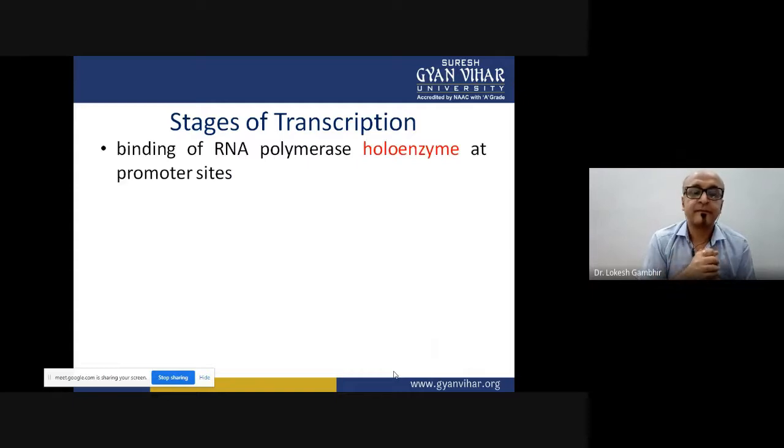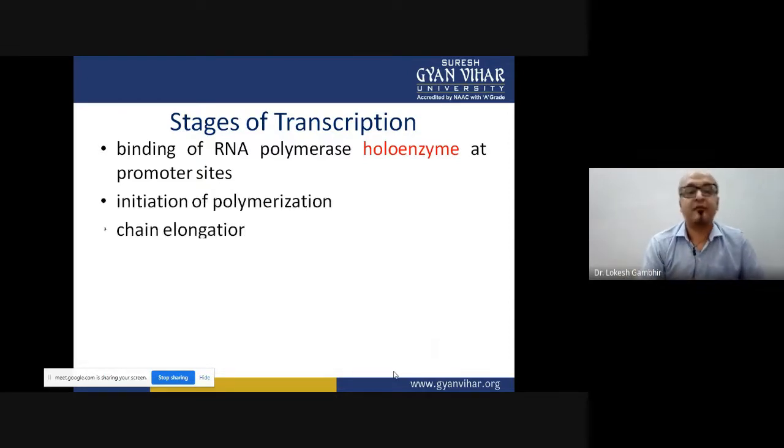We should understand how that RNA polymerase complex binds to the promoter site, how it reaches the promoter site, whether it comes directly from the cytoplasm and attaches to the promoter site, or there is a kind of scanning mechanism to find this promoter site, and then what happens next. So based on that, I have divided this transcription into 4 different stages.